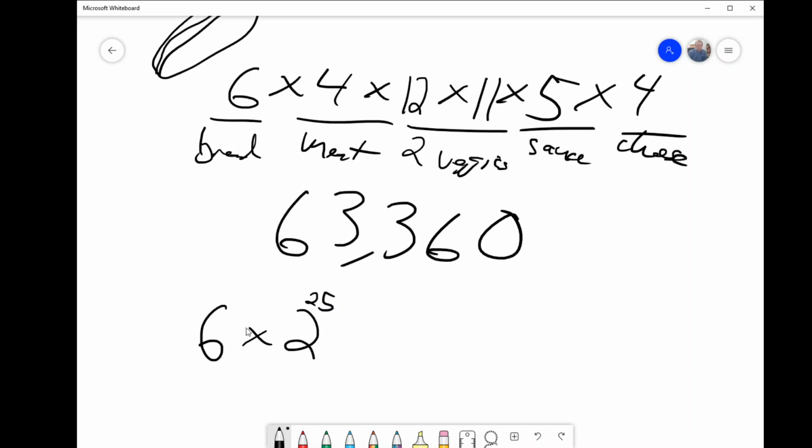Well, then we've got 6 times 2 exponent 25 different possibilities. And I believe 2 to the 25 is 33,554,432.